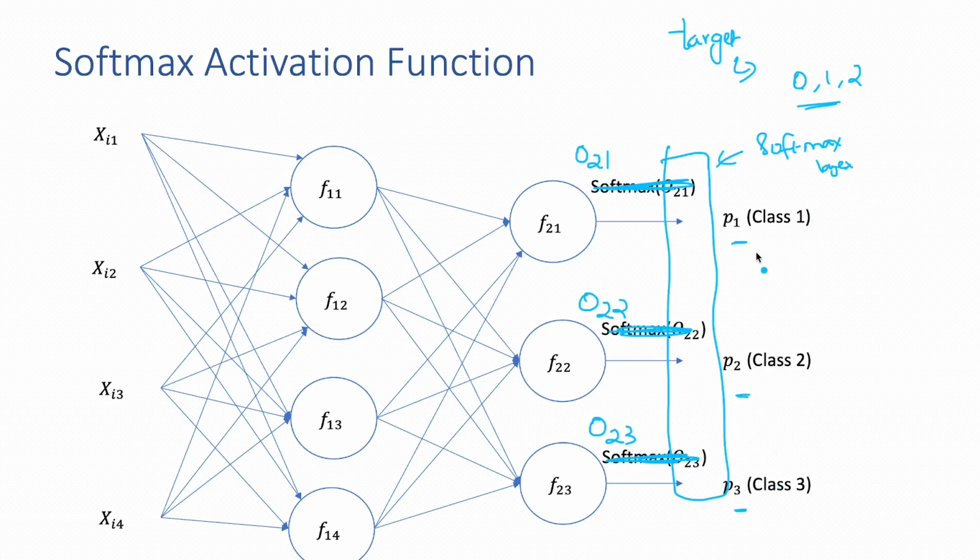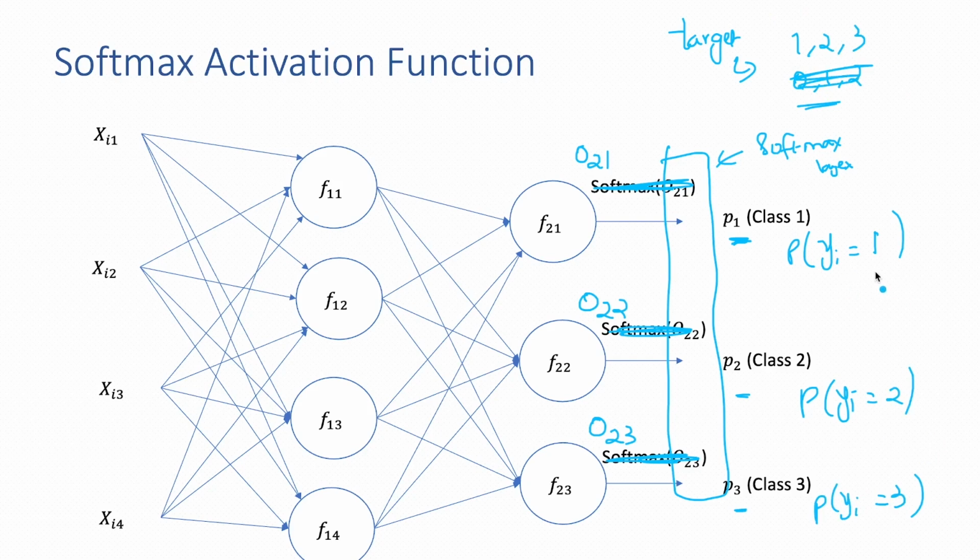P1 indicates the probability that yi belongs to class 1, then yi belongs to class 2, and yi belongs to class 3, considering the labels are 1, 2 and 3 and not 0, 1 and 2.